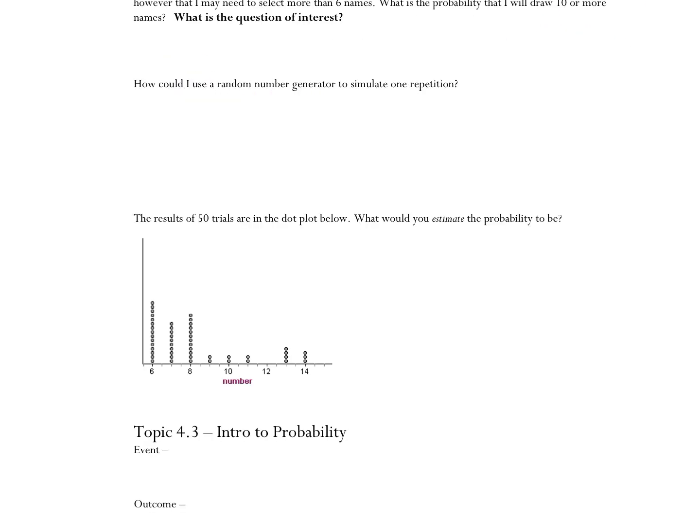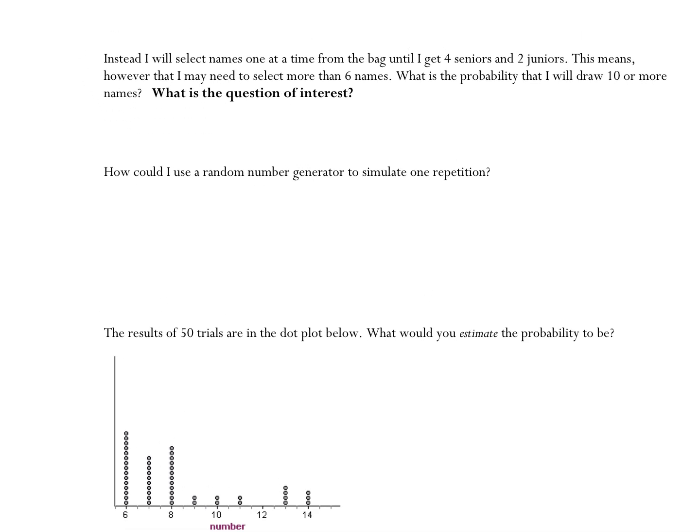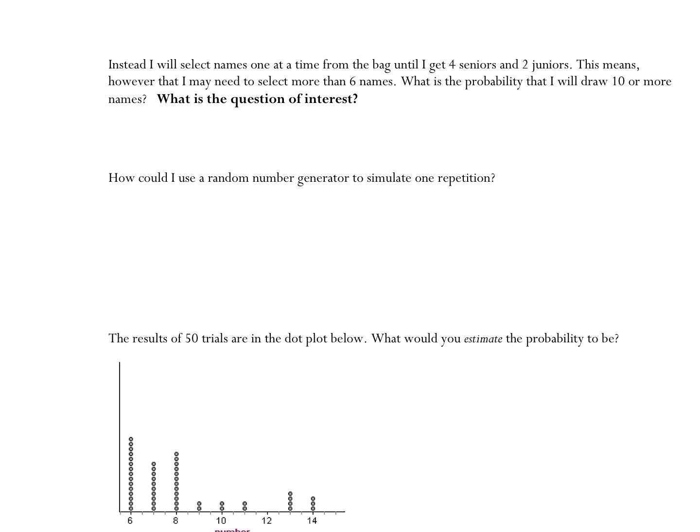All right. This time, we're going to simulate a different question. In this scenario, we've decided that there's something wrong with the sampling method. So here's what we're going to do. We're going to take that bin with all the names in it, and I don't want to have to empty out all the names of these people and separate them into seniors and juniors. So here's what I want to do.